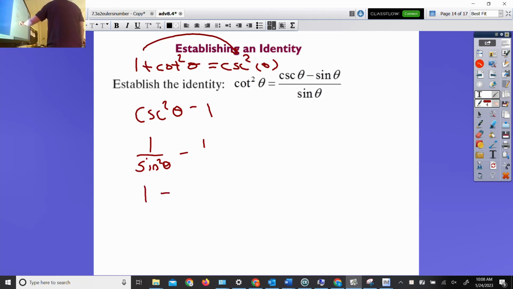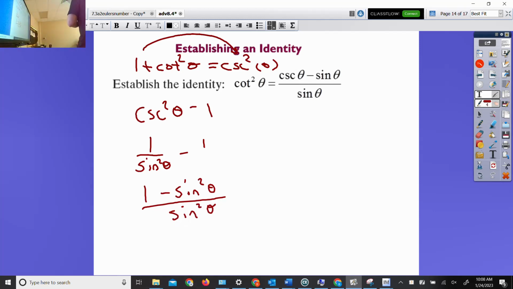Becomes 1 minus sine squared of theta, sitting over sine squared. Conjugate's not a horrible idea. It would become something interesting. But the thing is, we're doing 1 minus sine squared.